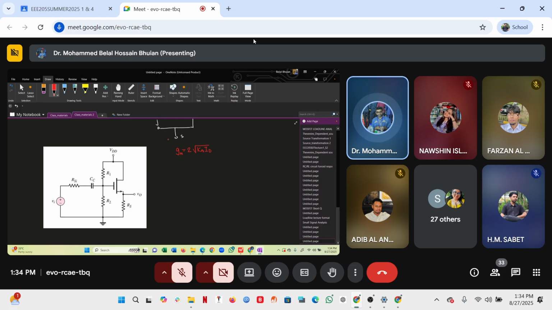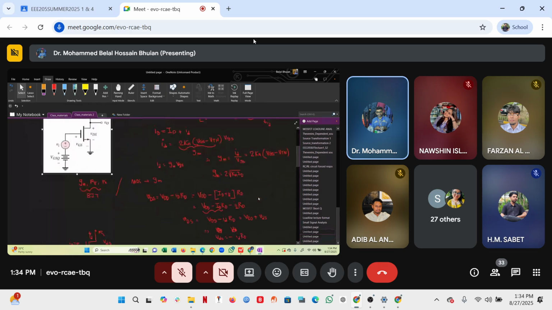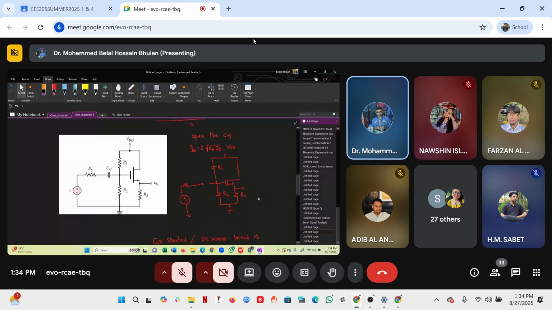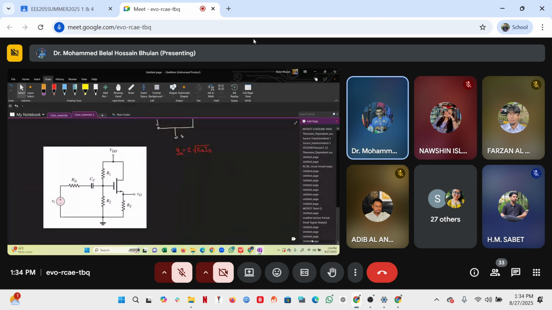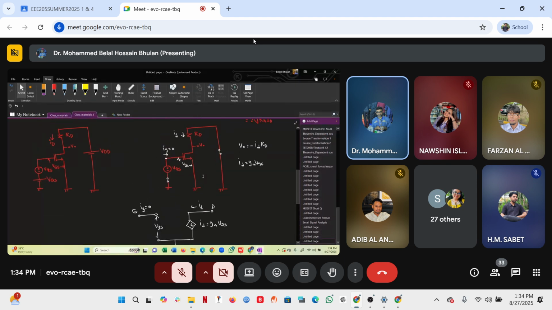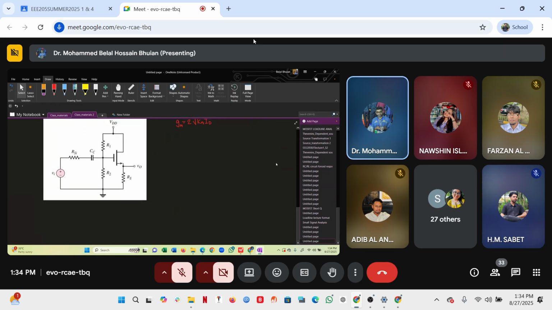In order to determine ID, what should I do? I have to draw the large signal equivalent circuit. Fortunately, I have this, but it's not drawn in a very good way. Okay, let me draw it again.